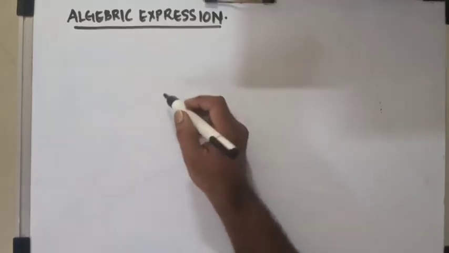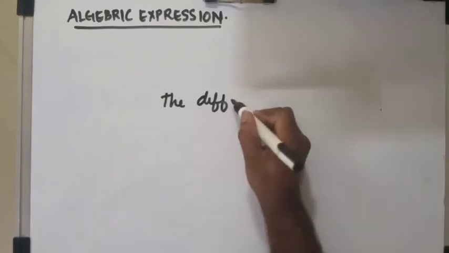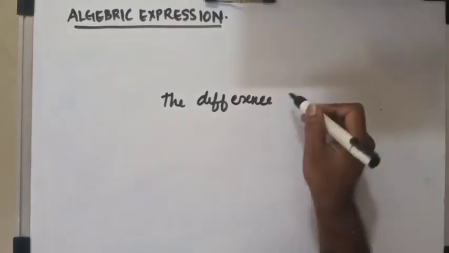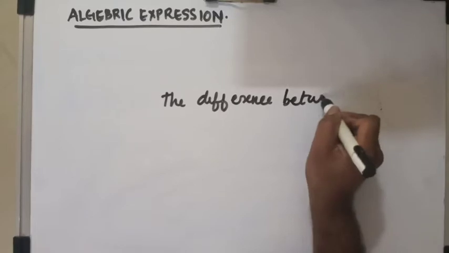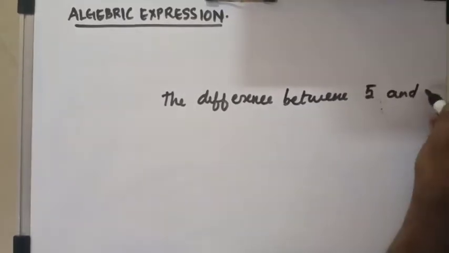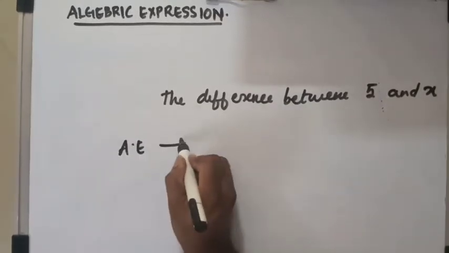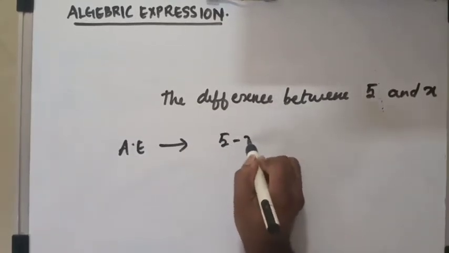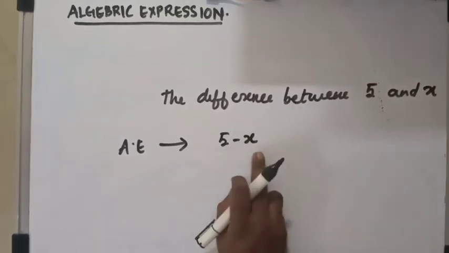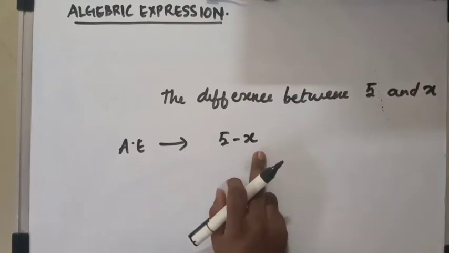Say I say the difference between 5 and x. So what will be the algebraic expression? The algebraic expression will be 5 minus x. So this is how you need to convert. This will be a guided practice that I'll send to you.